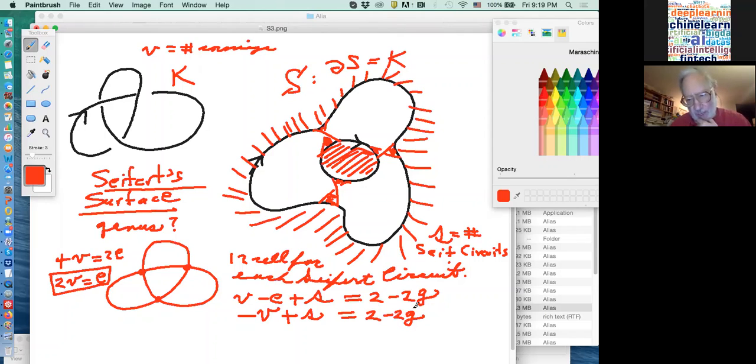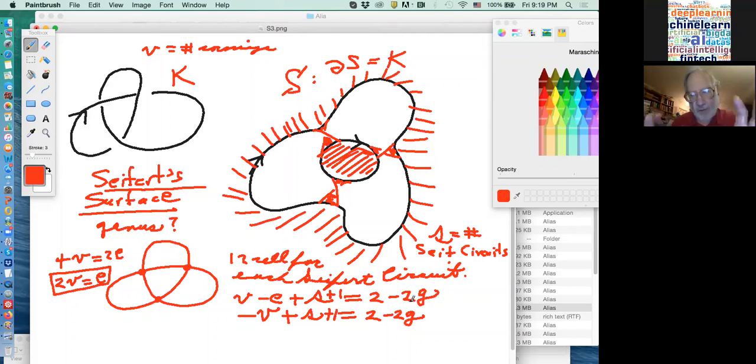I forgot that I didn't close off the last thing, the boundary. So really I need plus 1 in order to think of a closed surface with a given genus.